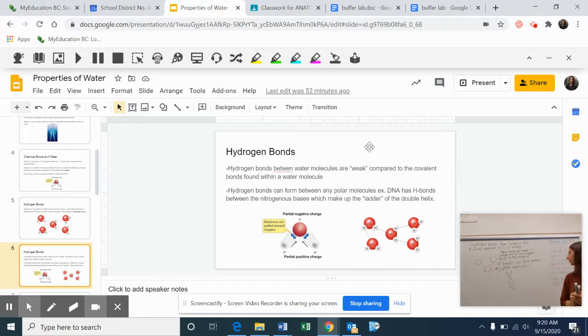So the actual way that these bases are held together is through a hydrogen bond. So these bonds are important because they give water certain properties, but hydrogen bonds are also important in other aspects of our bodies as well. So yeah, this is a really good example. DNA is held together by hydrogen bonds.